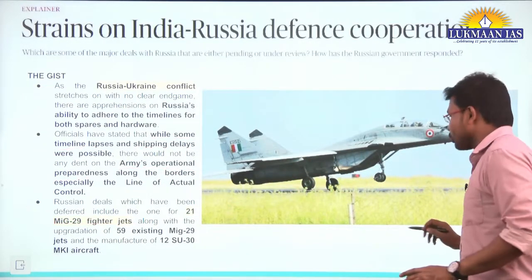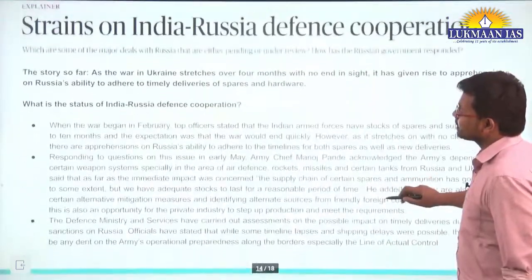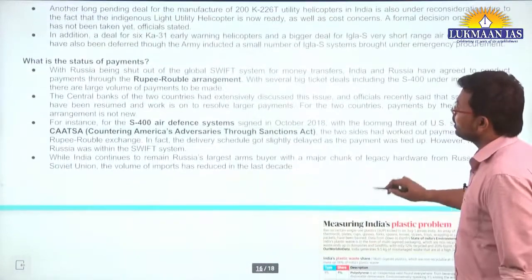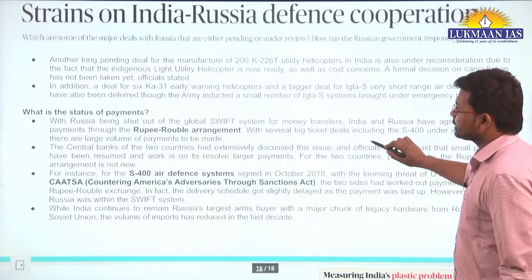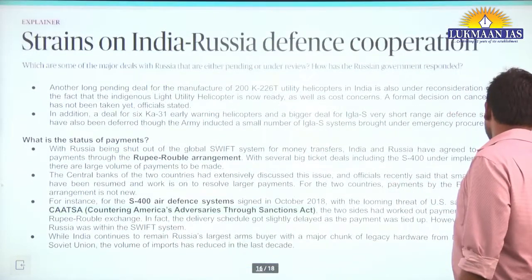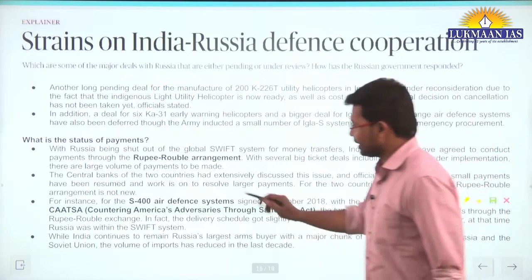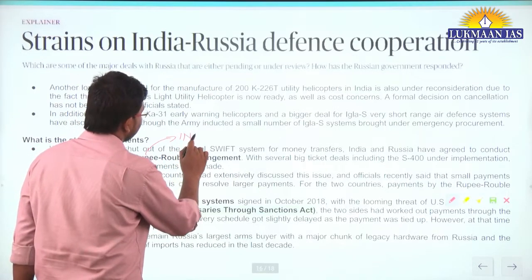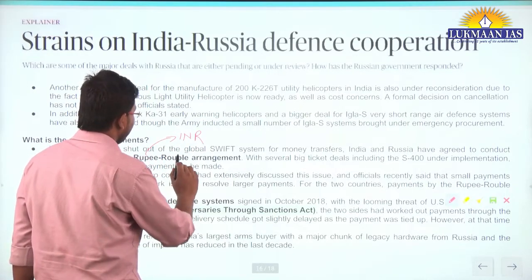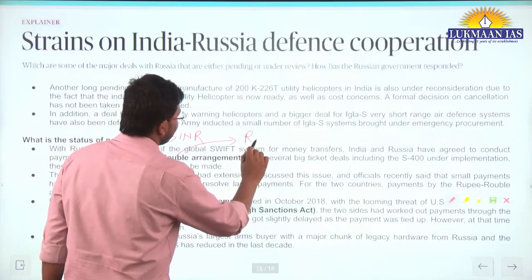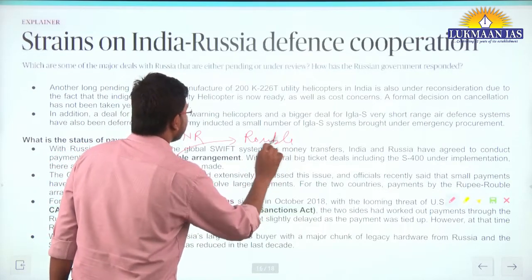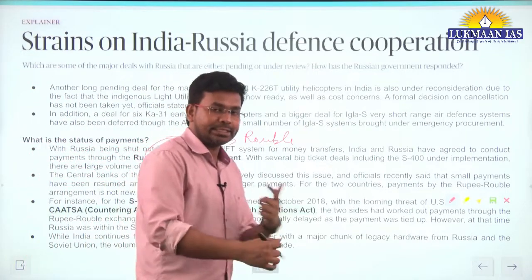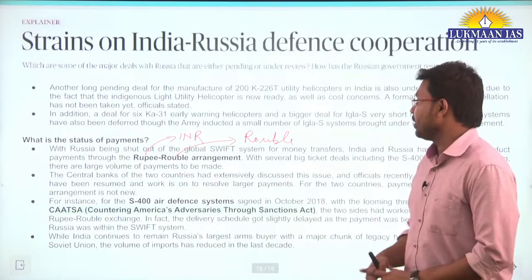But India has to make payments for them, and India has been doing the payment through a specific network which is known as the rupee ruble arrangement, okay. For India, the Indian currency is known as INR, Indian National Rupee, right, and the ruble is the Russian currency, okay.